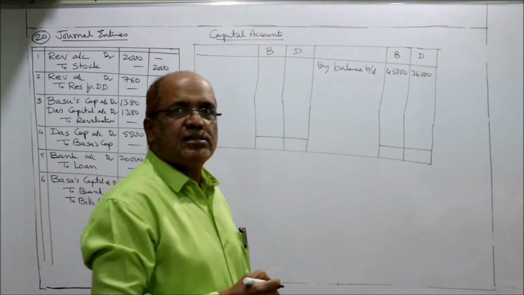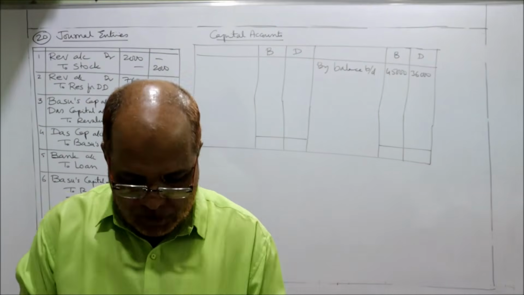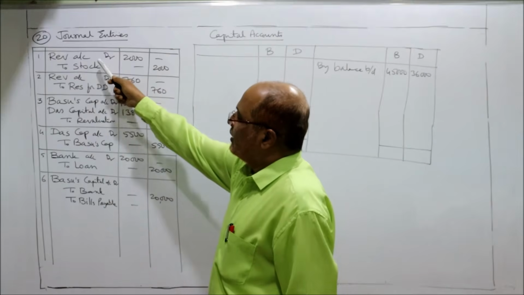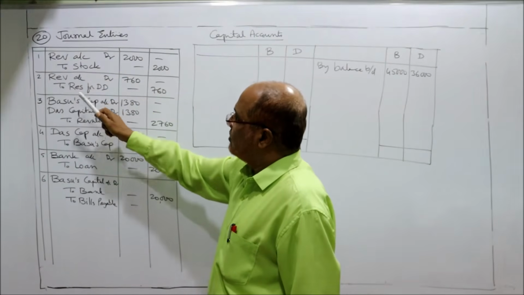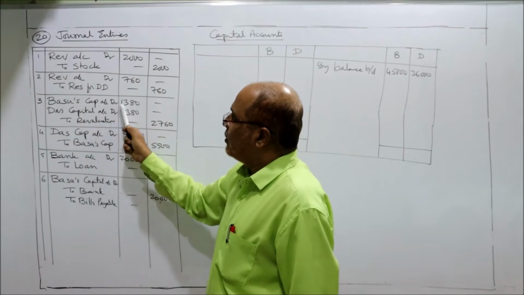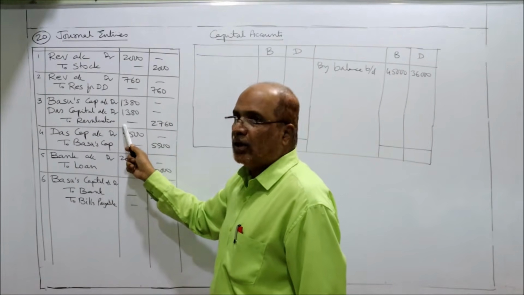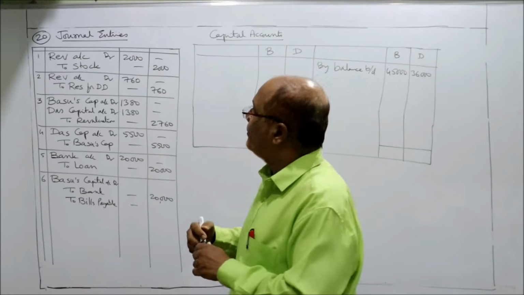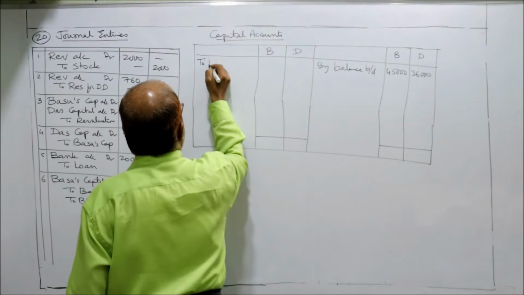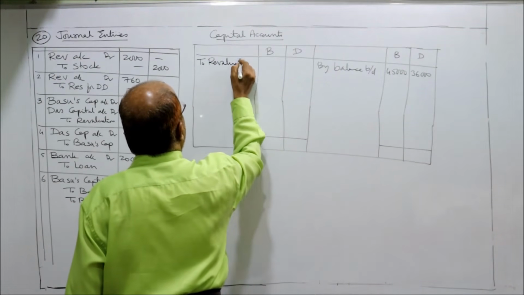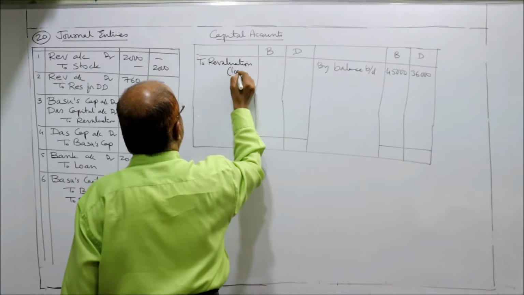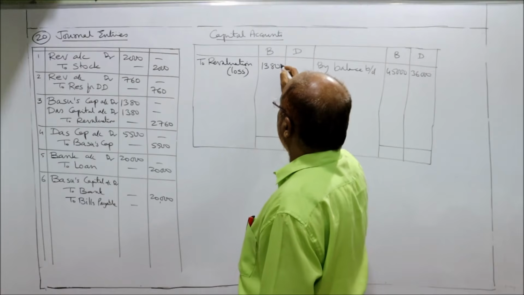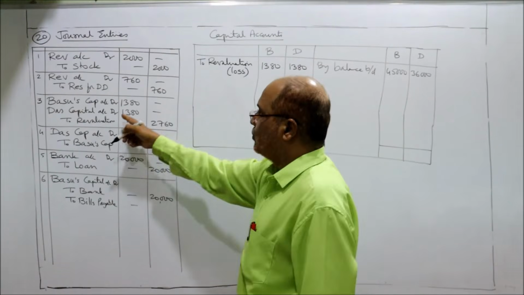These are the old balance of Basu and Das. Now we'll post the entries. First entry, Basu's capital account debtor, Das capital account debtor to revaluation. So both the partners' capital accounts should be debited. Debit side to revaluation loss. How much is the revaluation loss? 1380. Here also 1380. Post it.